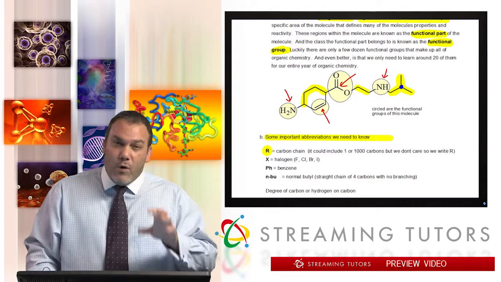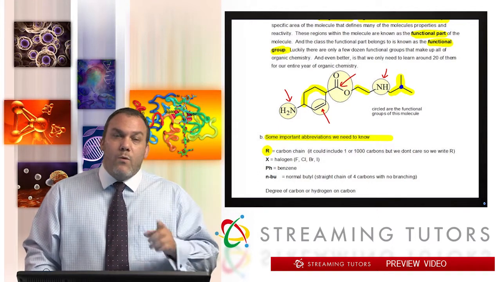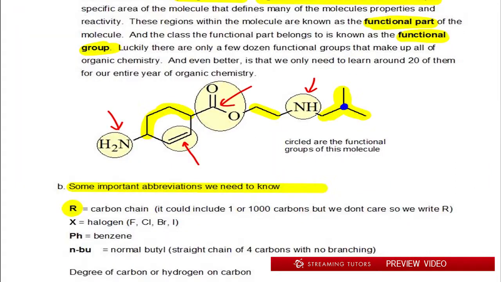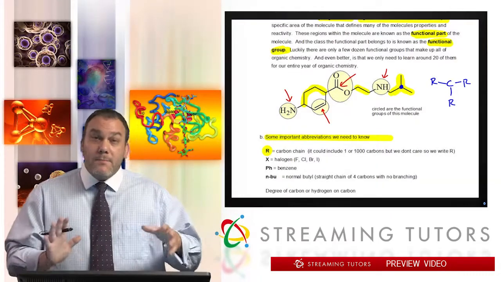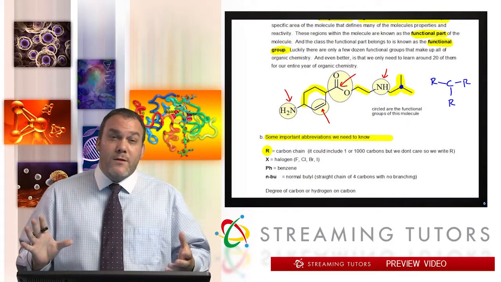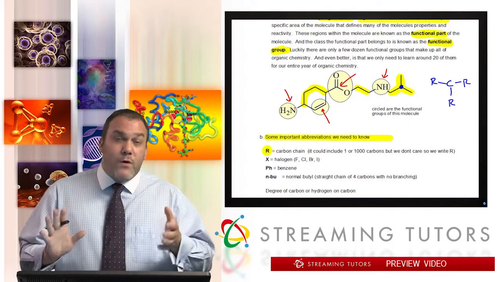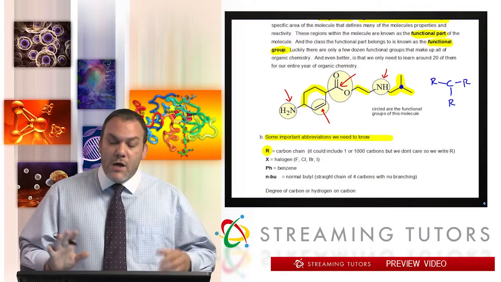If all I really care about is that blue carbon, then a way I can identify it is to say this blue carbon is attached directly to 3 things, and they're R groups. Notice how I'm simplifying this molecule. Sometimes you don't want this level of simplification because you might need to know more about the other side of it, but imagine if all I really care about is that blue carbon, and I'm not so concerned about anything else.